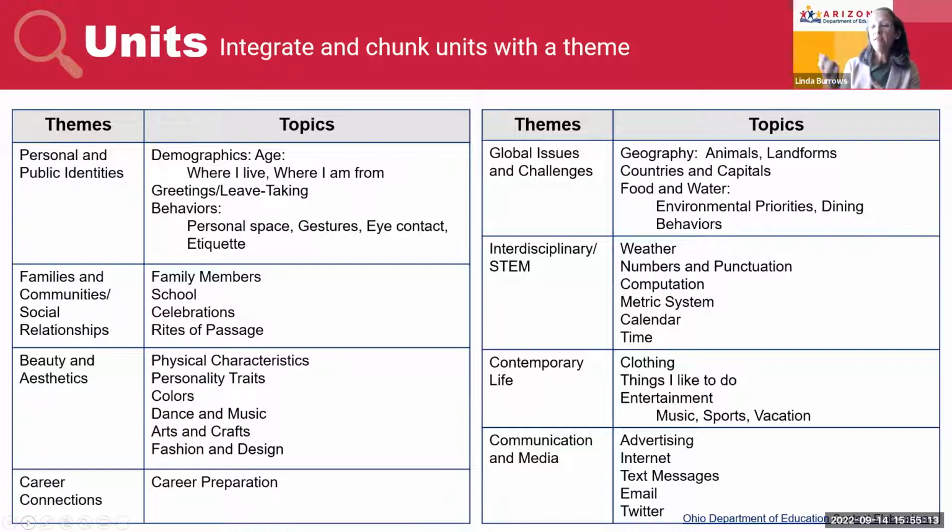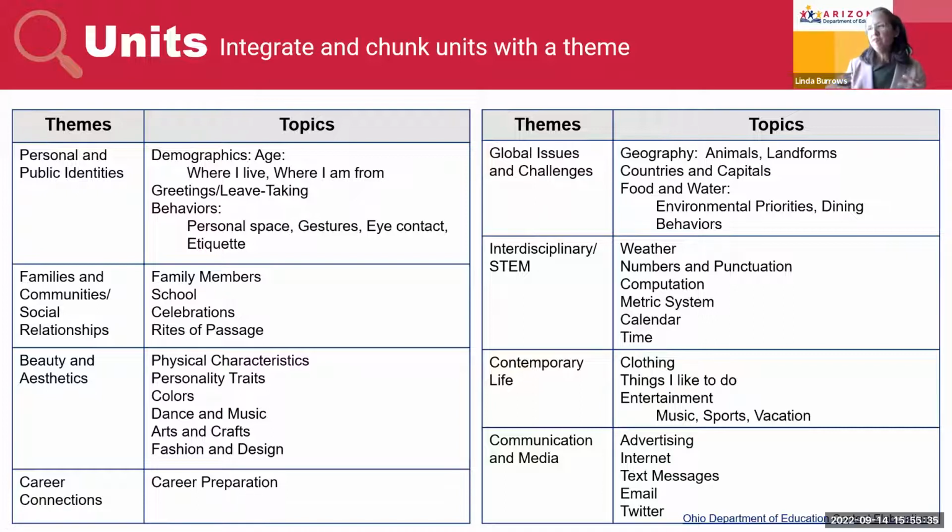So like we had family and social relationships on our Mentimeter. And so you could do different topics like family members, school, celebrations, rites of passage. One that I personally love here are global issues and challenges, especially if you teach middle school, right?